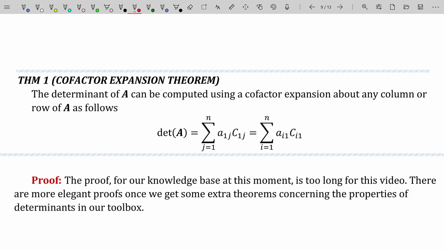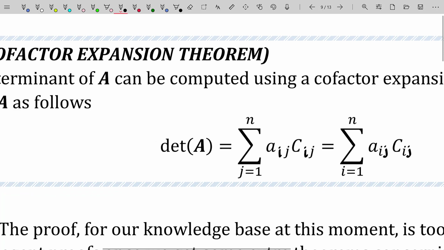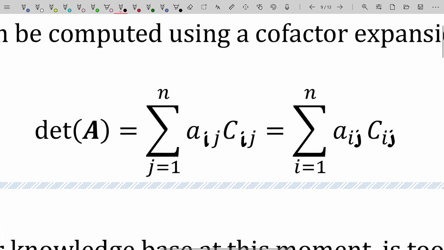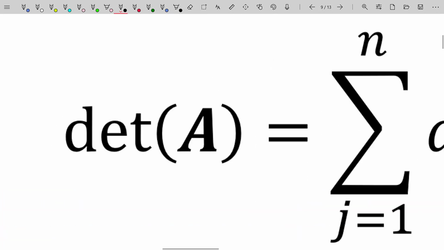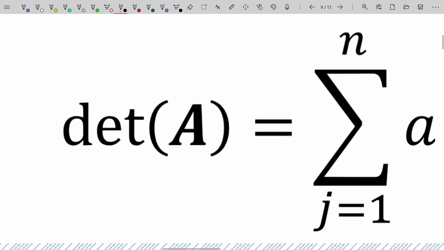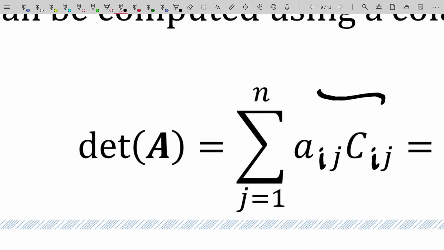So the determinant of A, the formula, and by the way, if you haven't noticed, I literally just changed the subscript notation here because there was a slight error in it, and I didn't notice it until I started to read it off, honestly. The determinant of A, well, you don't have to expand it about the first row. You can actually expand it about the ith row if you want to.